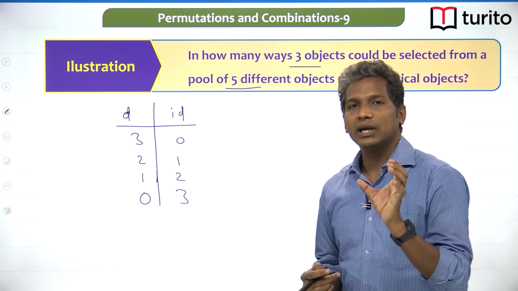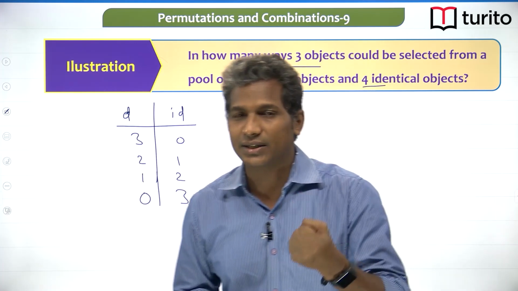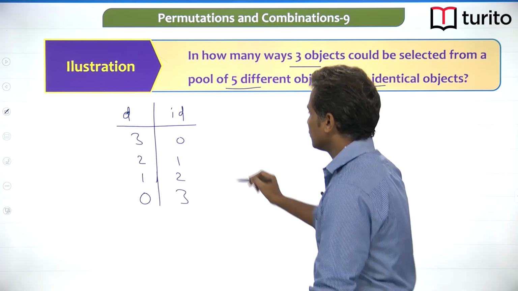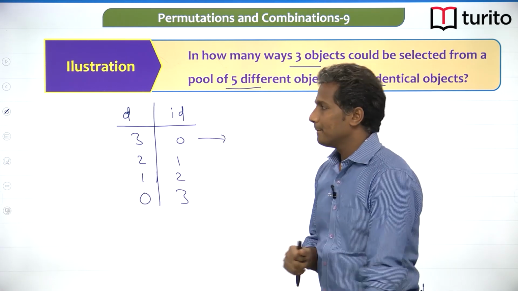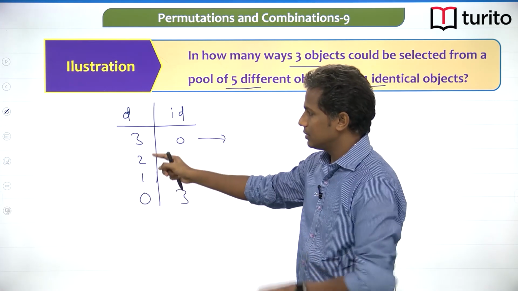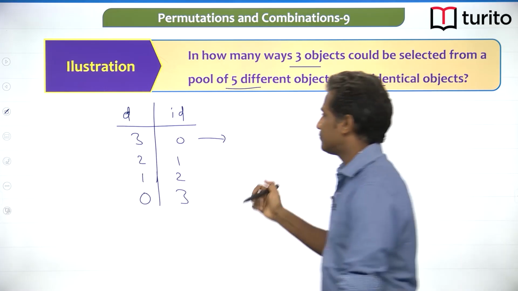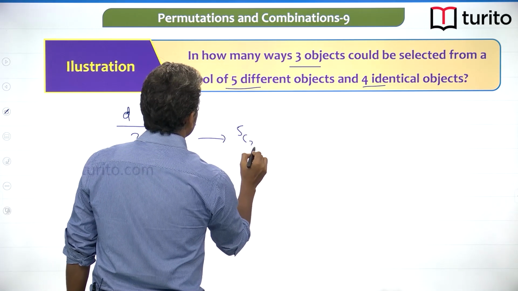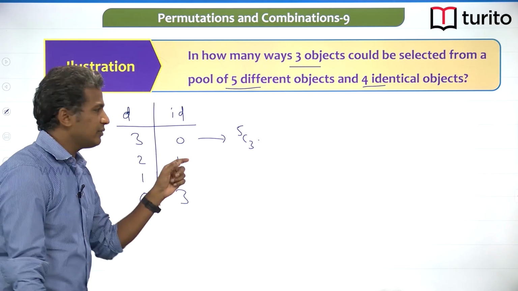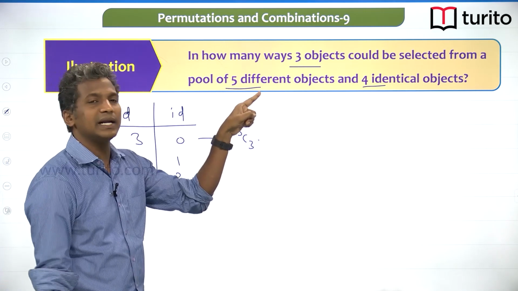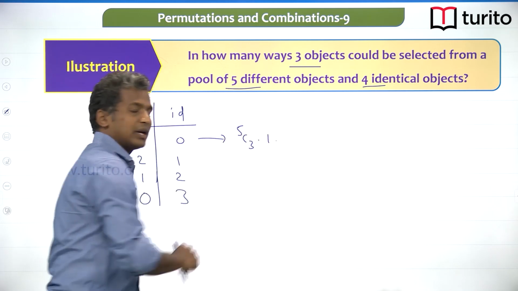We have to calculate the number of ways for each term, right? So what about this first case? In how many ways we can select 3 from 5 objects? In 5C3 ways. Into, in how many ways we can select 0 from the identical? In only one way.